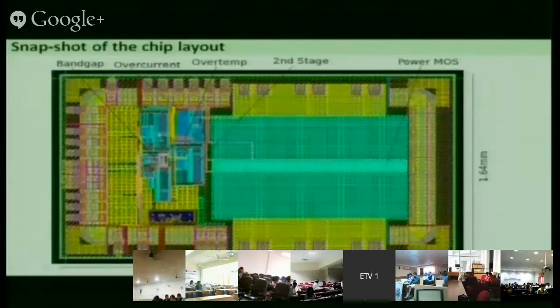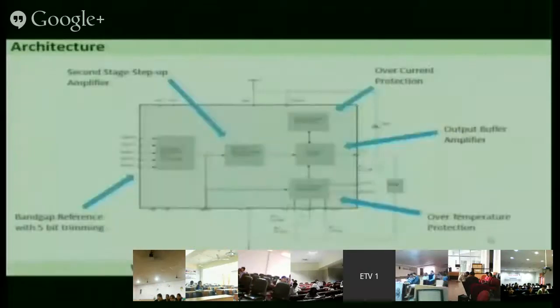I cannot show you the blow up of this because of the limited screen size. And these are the power transistors, and this is the complete chip which after layout looks like this. So just again I will explain with reference to this block.